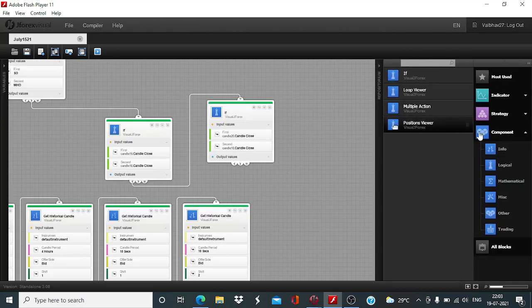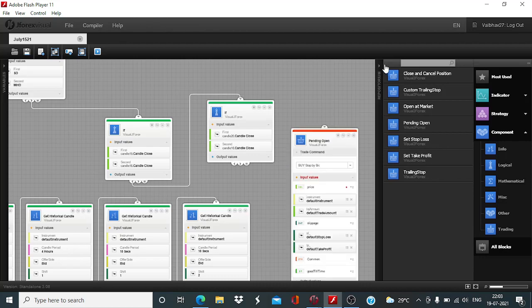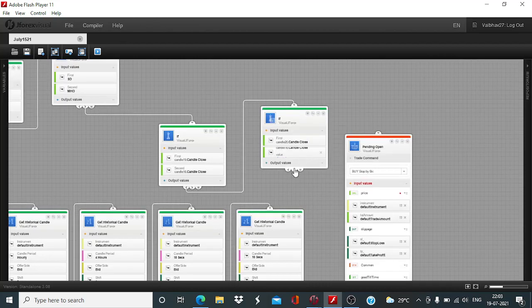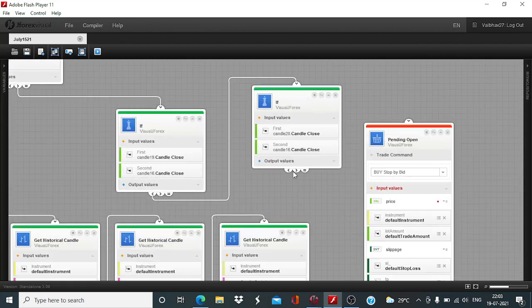And after this, all we need is going to be trade command block, pending open, first input greater than second input.